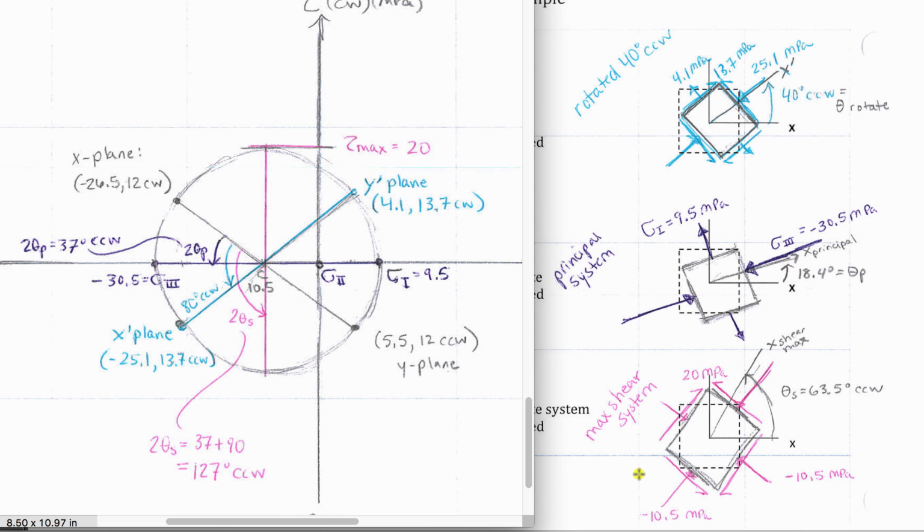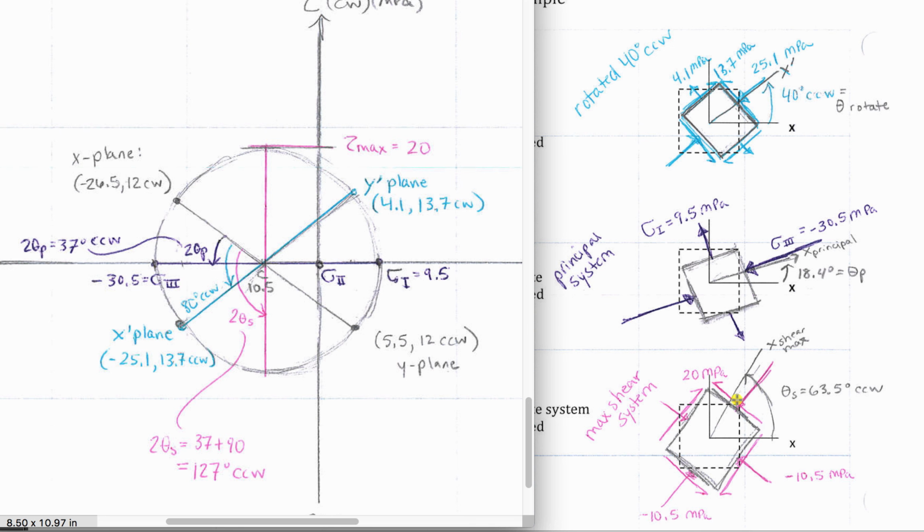And then our last one is our max shear. So that's depicted here in the pink. So again, from the x-plane, it was rotating on the Mohr circle 127 degrees counterclockwise. So in the real world, it's rotating from the x-plane 63.5 degrees counterclockwise. So that's this rotation. And what should be on this rotated x-plane? We should have a normal stress of negative 10.5. That's the center or the average value, and that should be on all the planes, and it is.